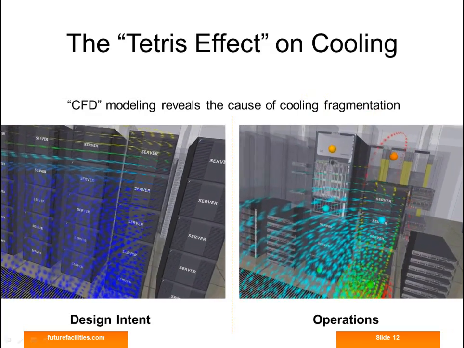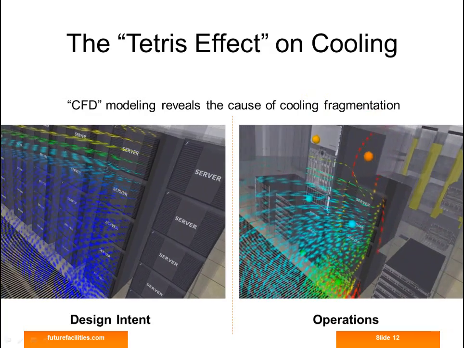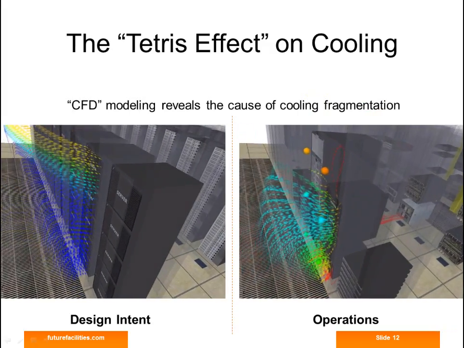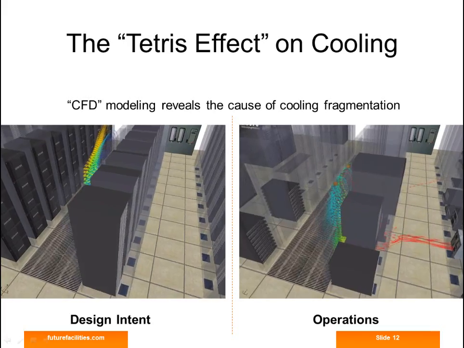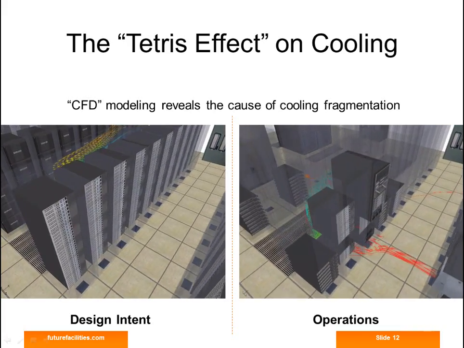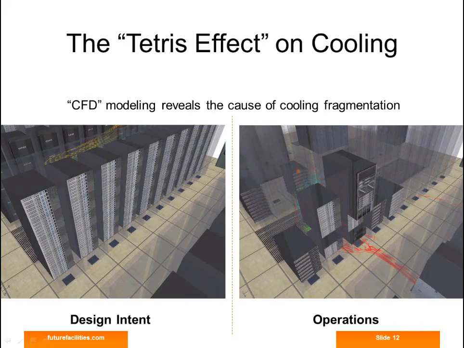The only way to predict and visualize cooling fragmentation problems is with computational fluid dynamics, or CFD, modeling that accounts for the individual units of IT equipment. The data center management process therefore must have an integrated set of space, power, and CFD modeling capabilities to address the risk from operational flexibility in the data center.